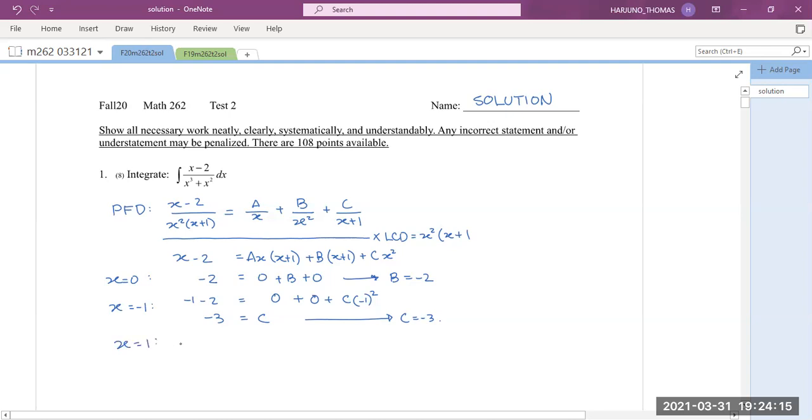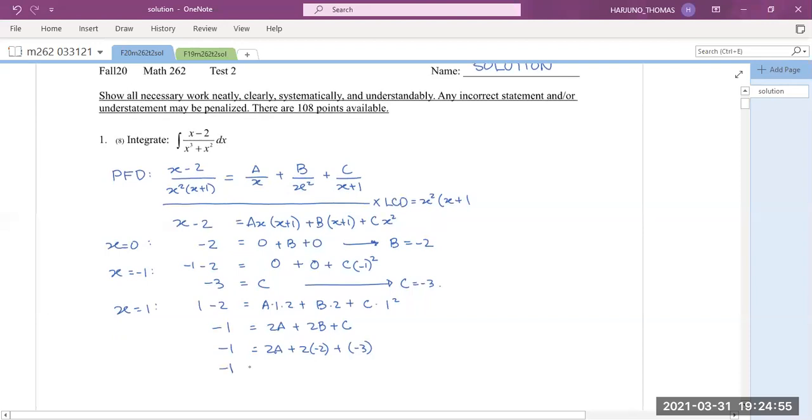Let me do so. When x equals 1, I get 1 minus 2 equals a times 1 times 2 plus b times 2 plus c times 1 squared. So this is negative 1 equals 2a plus 2b plus c. Now do the substitution: b is negative 2, c is negative 3.